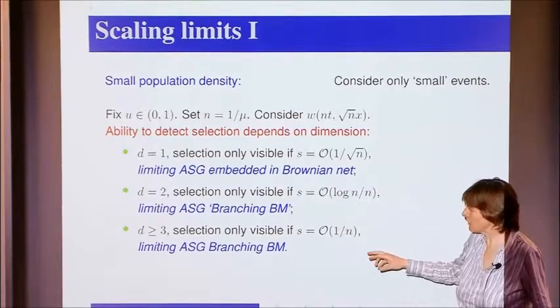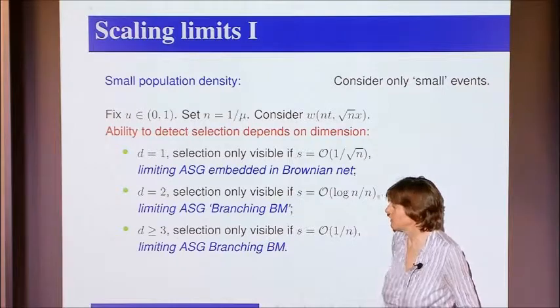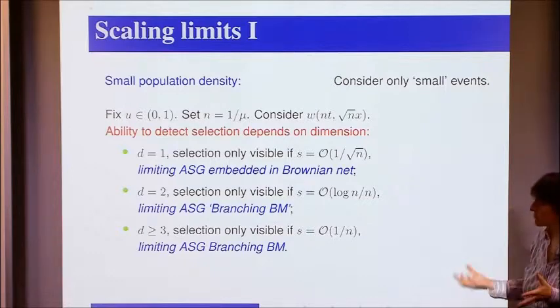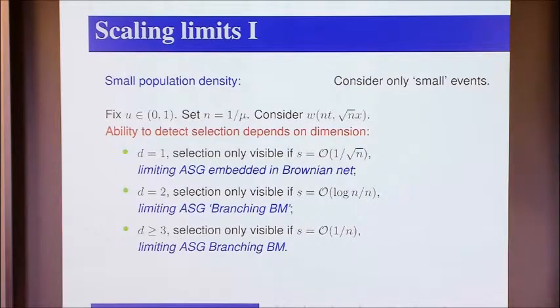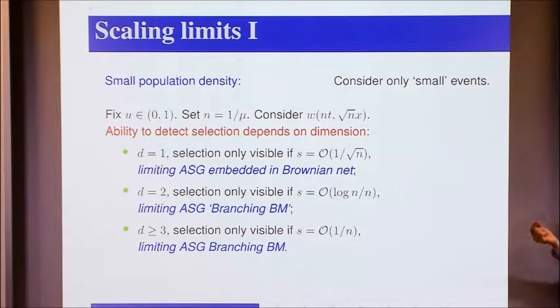And it turns out to depend on dimensions. So let's have a look in high dimensions first. I know not many populations live in at least 3 dimensions, but it's the easiest case to deal with. If your dimension is bigger or equal to 3, when we get to one of these branching events, we have 2 parents. Those parents are born at order 1 apart, and with positive probability, they're going to get far enough apart that they can no longer be encompassed by a single event.